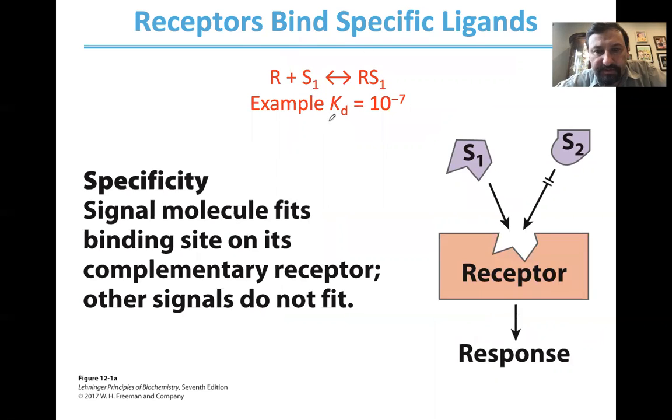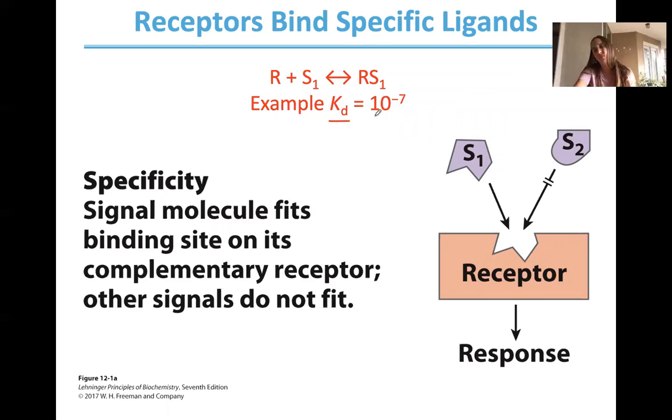remember KD, the dissociation constant. Now, do you remember for tight affinity, the KD needs to be large or small? You want small.